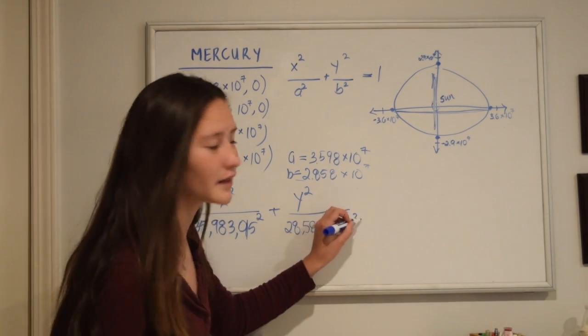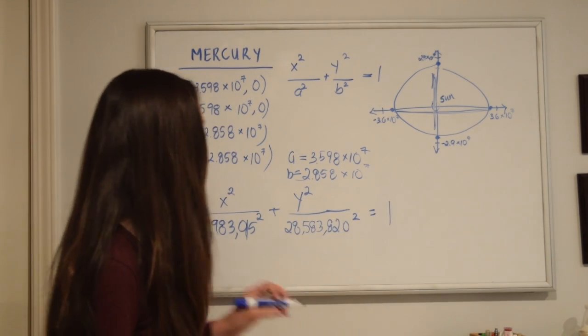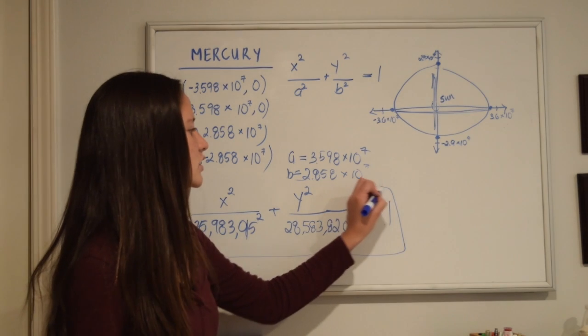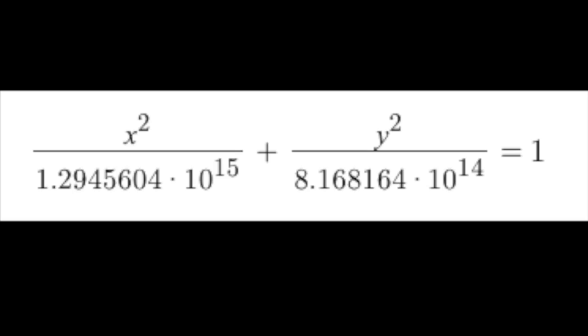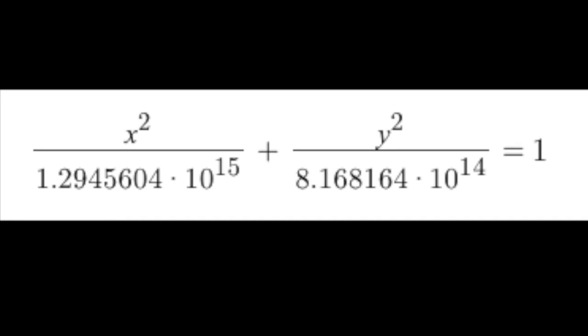Don't forget to square that there, and that's all going to equal 1. So this is your final equation for Mercury's total orbit around the sun. Here, this is already squared, the a and the b value. And again, this equation was found only from using a graph.